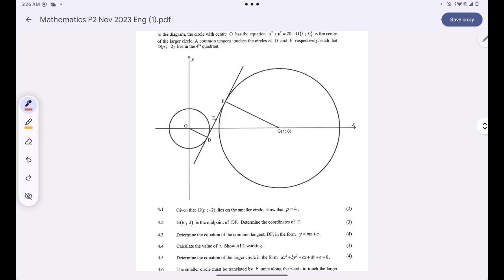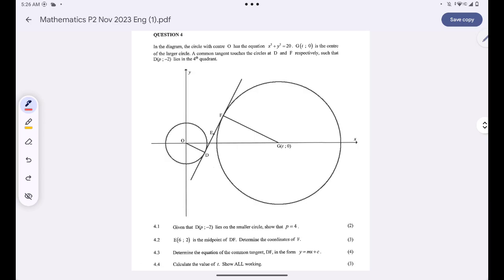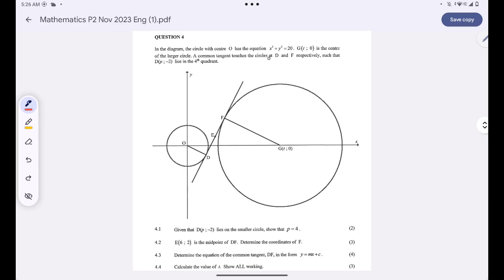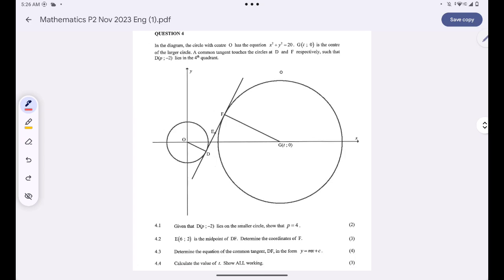P is the x value for the coordinate of D, right? But you must remember that D lies on a circle that has this equation. Are we together? So I have the y value. All I need to do is to find the corresponding x value. I can say x squared plus y squared is 20. X squared plus the value of y, which is -2, squared, is 20.